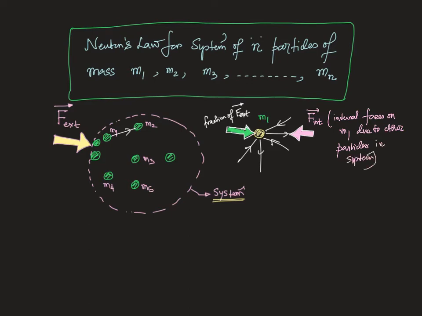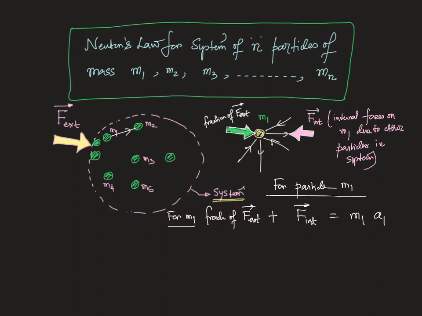So now we can write Newton's law for particle m1. For particle m1, a fraction of F external plus F internal, that is the sum of the internal forces due to the other particles, is equal to m1 times a1.